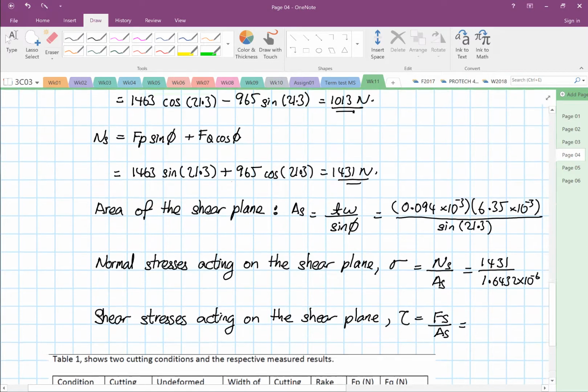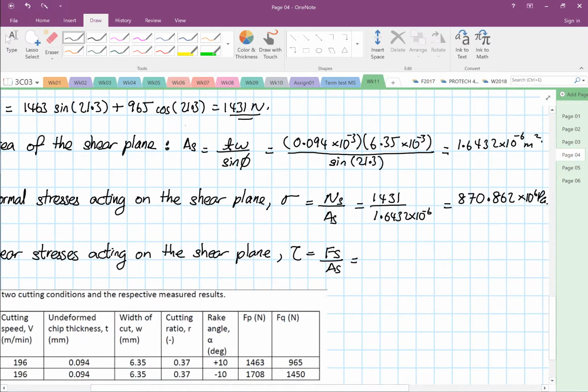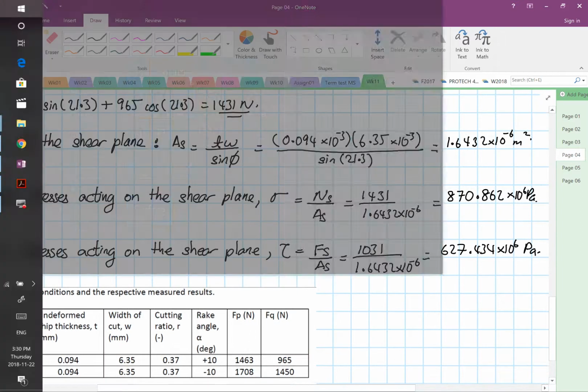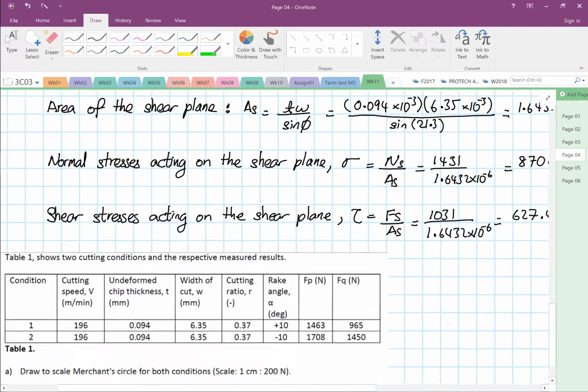So Fs is 1031 divided by the area 1.6432 times 10 to the power minus 6. So this is equal to 627.434 times 10 to the power 6 Pascal. And it's normal that the normal stress is higher than the shear stress.